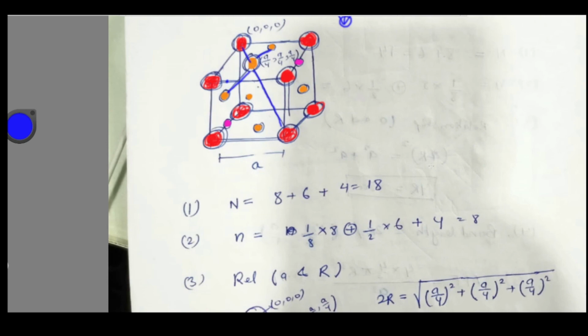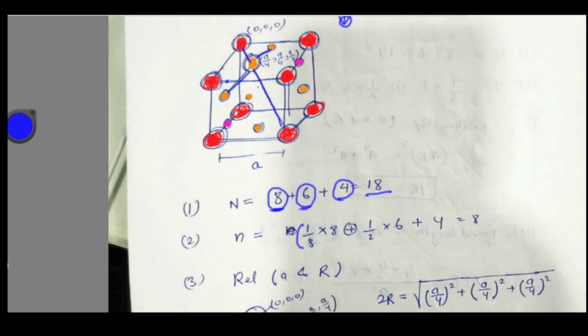So the total atomic lattice will be 8 atoms on the corner, 6 atoms on the face centers, and 4 atoms which are tetrahedral atoms. So total lattice points are 18.